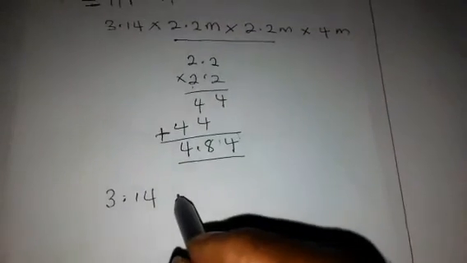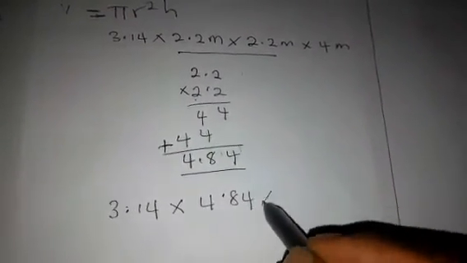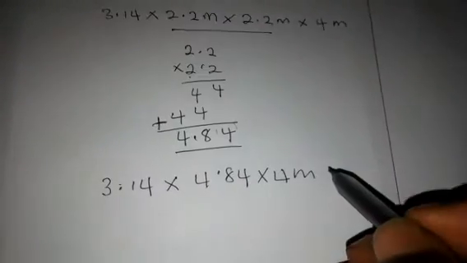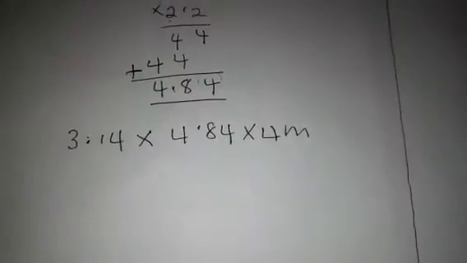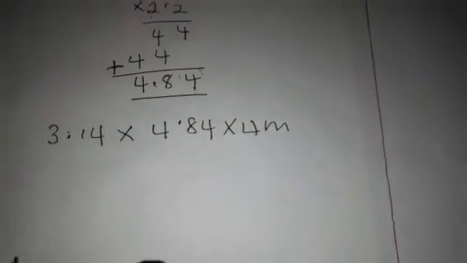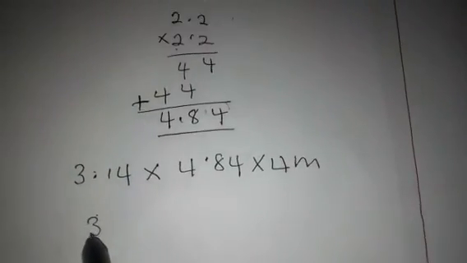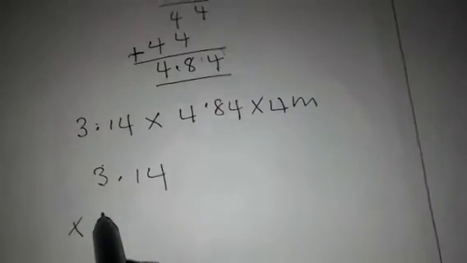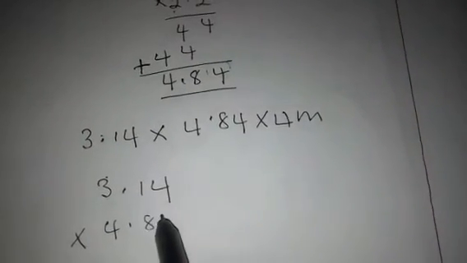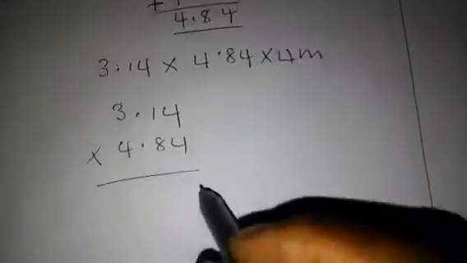Meaning that we are going to have 3.14 times 4.84 times 4 meters. Let's solve for 3.14 times 4.84. 4 times 4 is 16.